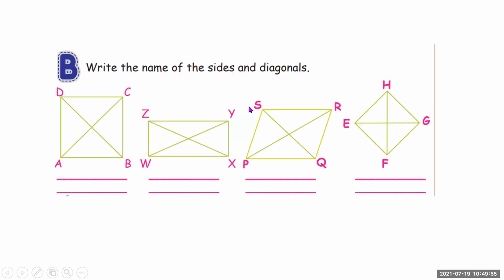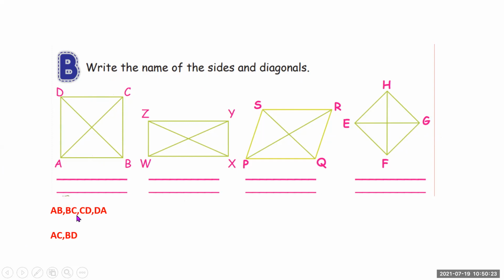So here there are some shapes given: square, rectangle, parallelogram, rhombus. You are asked to write the names of the sides and diagonals. The sides of these figures are AB, BC, CD, DA. The diagonals are AC, BD.